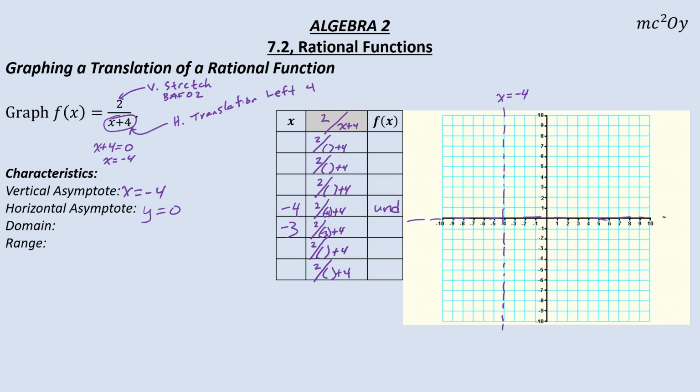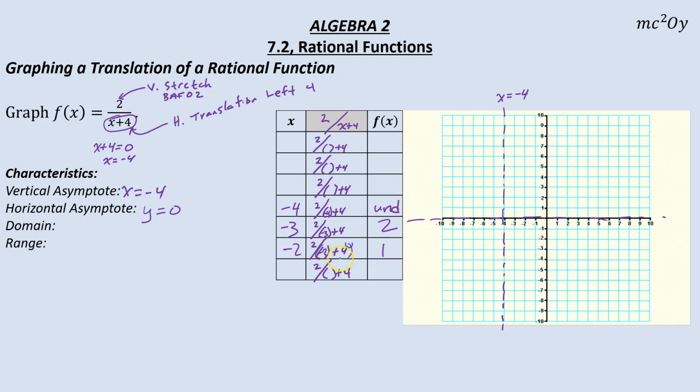Okay. So 2 over -3 plus 4. Well, or excuse me, -3 plus 4 is 1. 2 over 1 is 2. Okay, and we put -2 in there. -2 plus 4 is 2. And we get 2 over 2, which is 1.